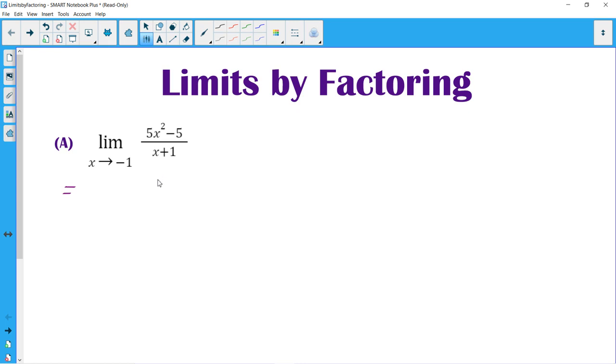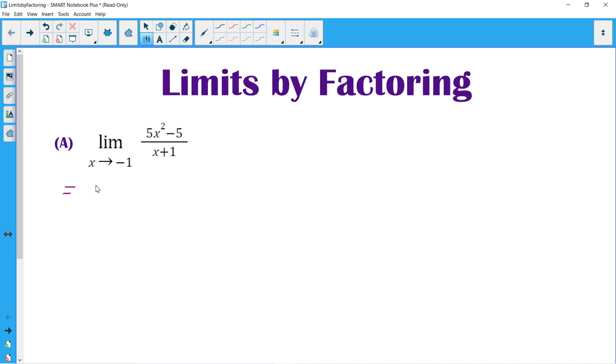So with limits by factoring, your factoring ability is what's going to determine whether you can do this or not. I'll take you through 3 different examples, and then I'm going to do another video that takes you through a couple of other examples, and I'll explain what they are as we go through.